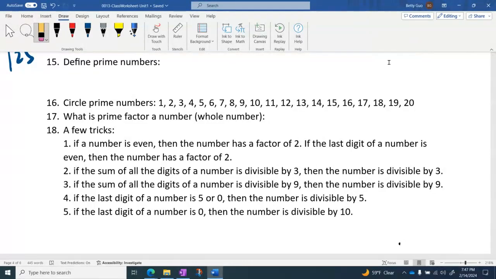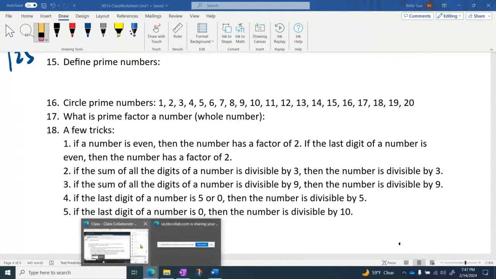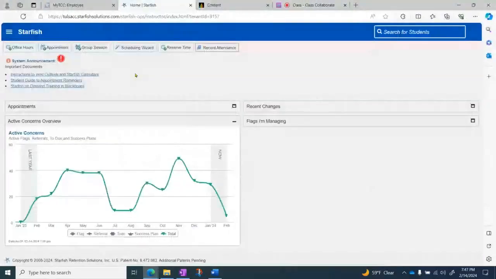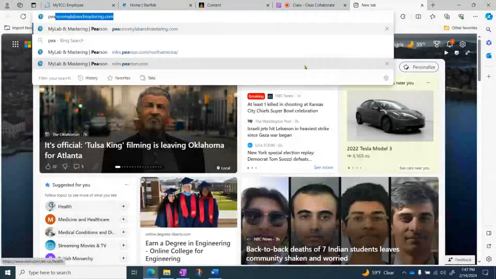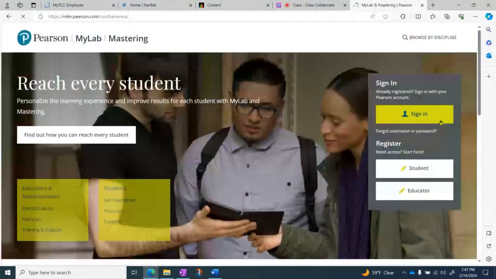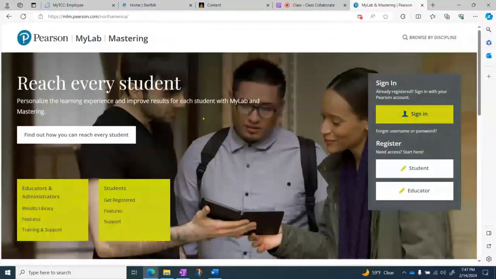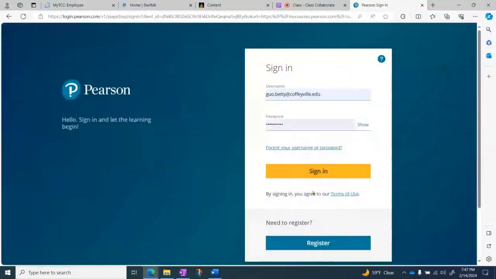So far, let me look at Pearson, I hope the issue can be resolved faster. Let me go to my Pearson. Because this is the first week, I'm going to tell you what homework you need to work on, if you can register.